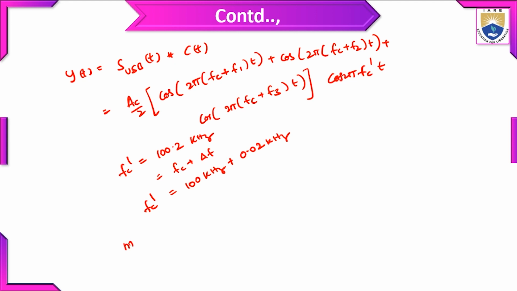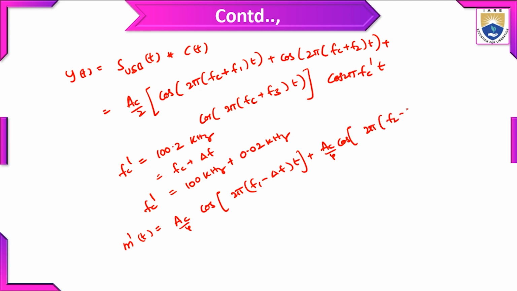Okay. So m dash of t is equal to Ac by 4 cos of 2 pi (F1 minus delta F) of t, plus Ac by 4 cos of 2 pi (F2 minus delta F) of t, plus Ac by 4 cos of 2 pi (F3 minus delta F) of t.